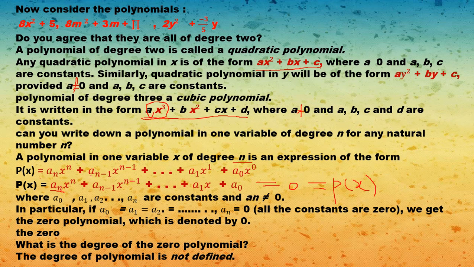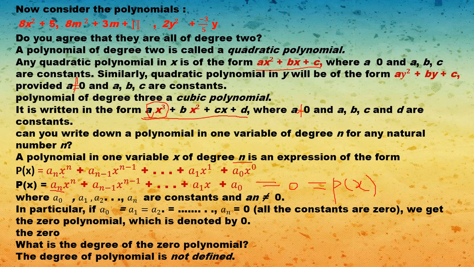If the highest exponent is 2, it is a quadratic polynomial. If the highest exponent is 3, it is a cubic polynomial. If the highest exponent is more than 3, it is simply known as a polynomial. It also depends on the terms.